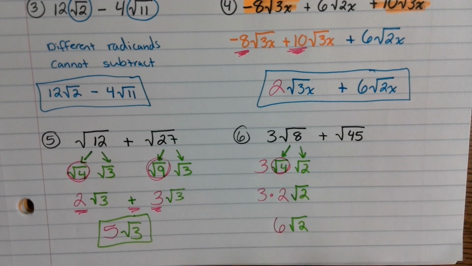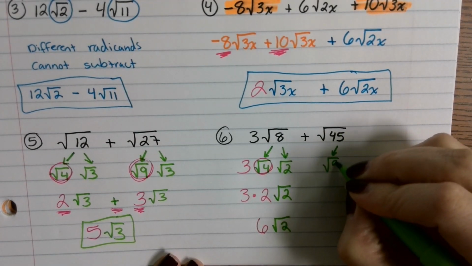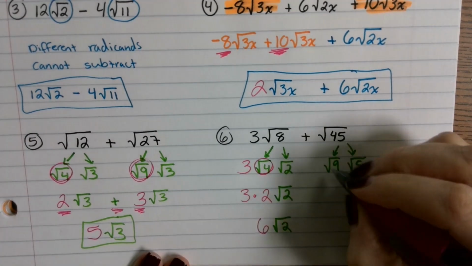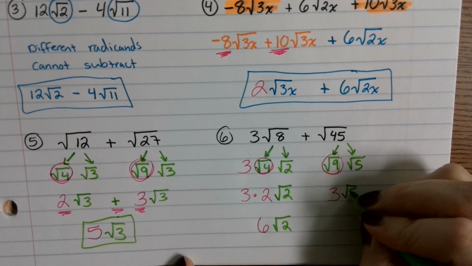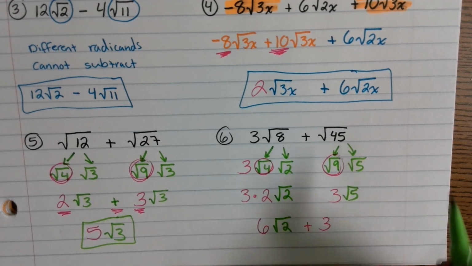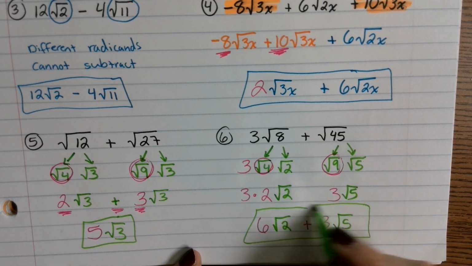Then we move on over to the 45. Factors for 45? 9 and 5. So square root of 9, square root of 5. 9 is the perfect square. What's the square root of 9? 3. So we get 3 square roots of 5. Again, these are not like radicals, so you cannot combine them together. Therefore, this would be your final answer.